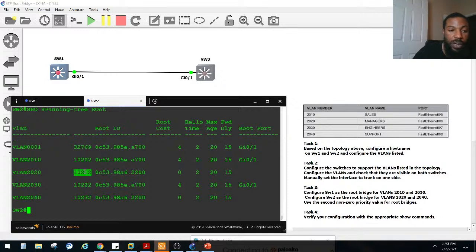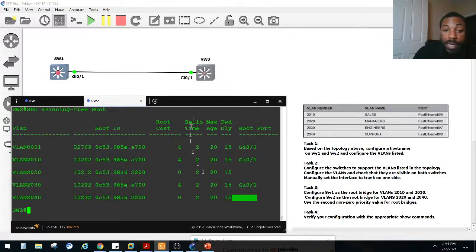Where does it tell us that? Oh, here's process of elimination. We don't have a root port, so that lets us know we are the root bridge, right? We don't have a way to get to the root because we are the root for those VLANs. So we don't have a root port. That's one way to kind of see that.